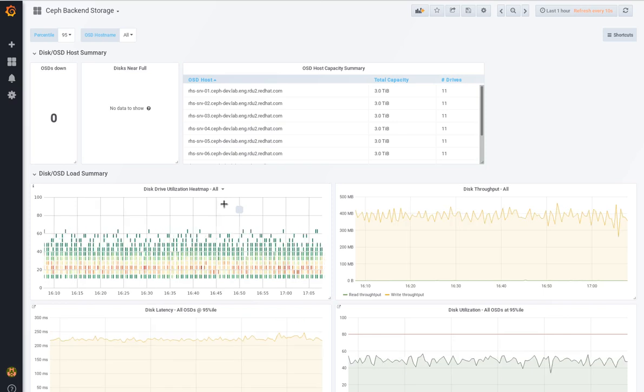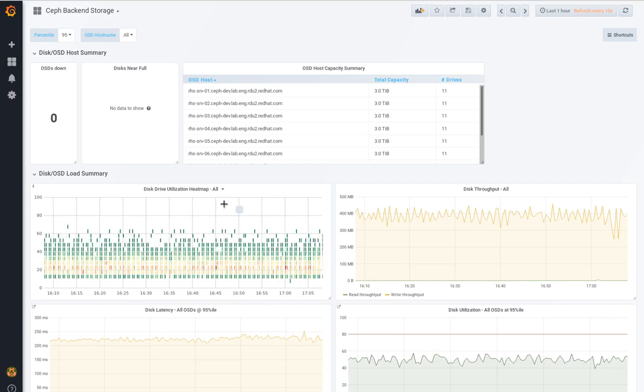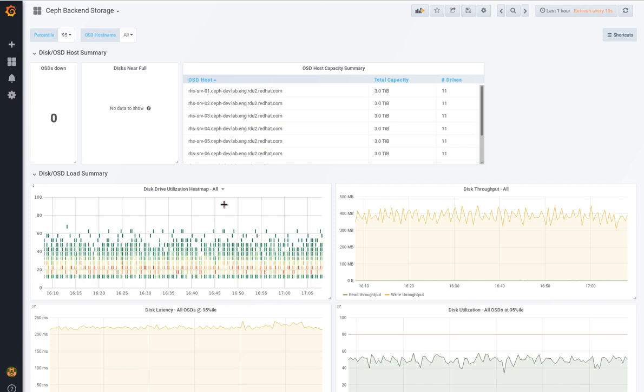Case in point, you can see that the red line is around 20% busy, and then you've got this yellow fuzz around that. What you don't want to see is that red and yellow area moving up the chart, because that would indicate the bulk of your OSDs are running at that utilization level. So that's what that heat map's all about.